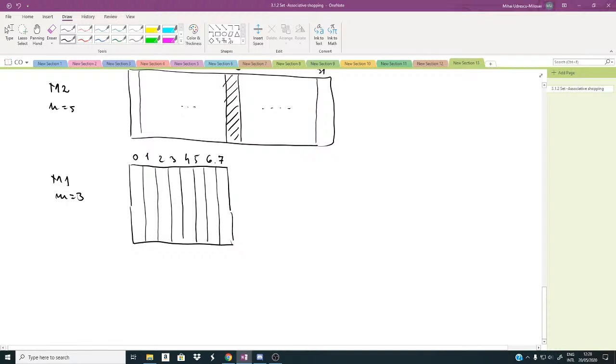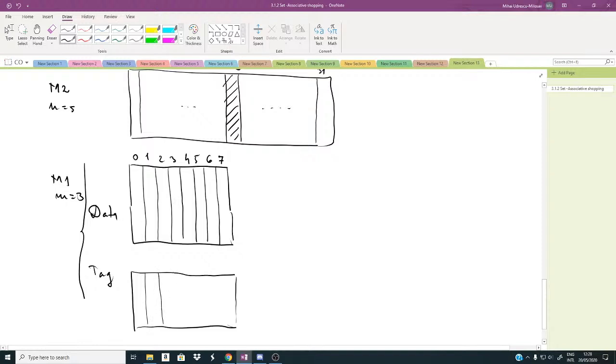This is the data part and the tag part, all right? You can put it just anywhere.